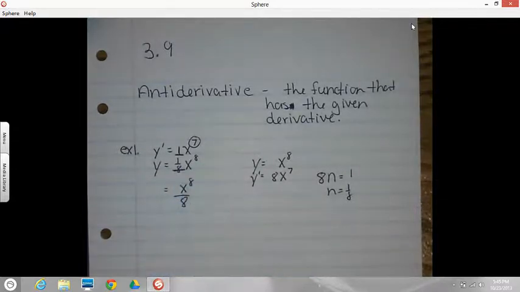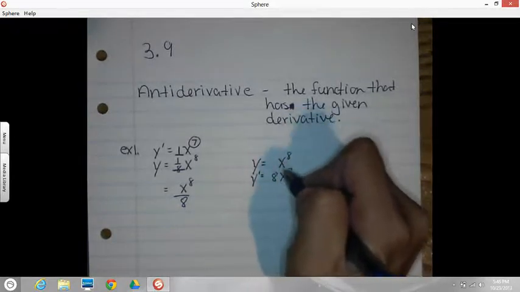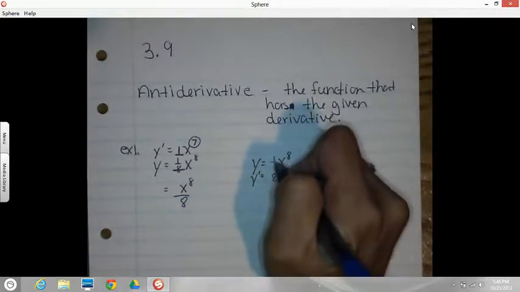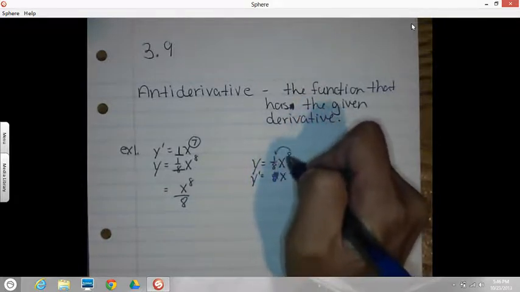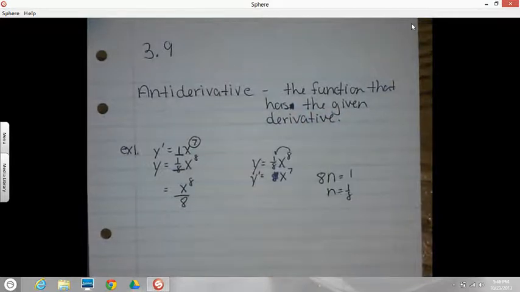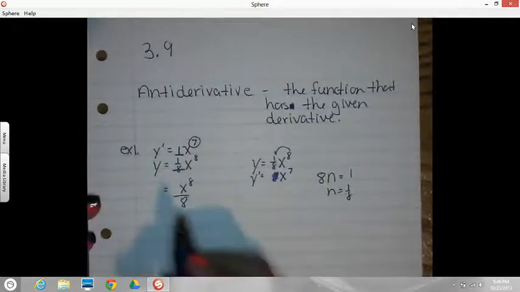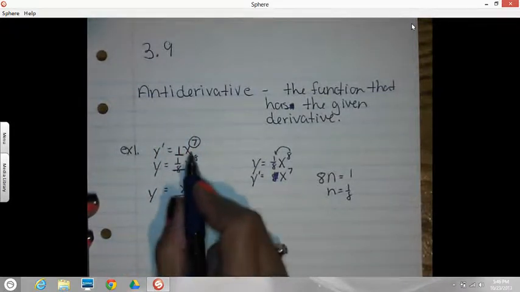So now when I multiply down, if I put a 1/8 out here, when I multiply down, 1/8 times the 8 that I multiply down gives me the 1, x to the 7th, and that's what I wanted. Okay, now my question is, is this the only equation that has x to the 7th as its derivative?